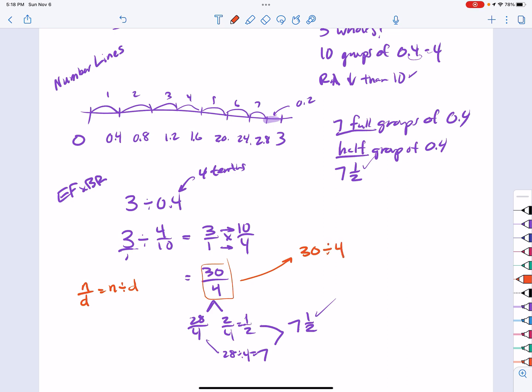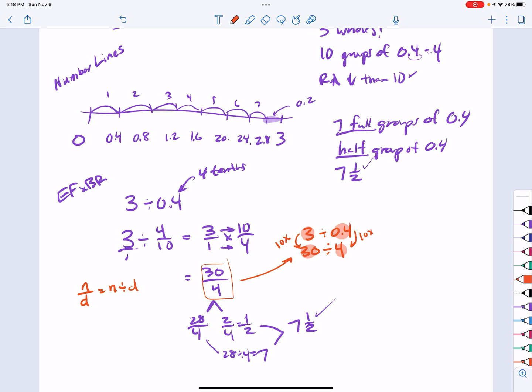Now, our original problem was 3 divided by 4/10. And so if I'm in a comparing mood, I notice that this 3 and that 30, it was multiplied by 10. And same thing with my 4/10 and my 4/1. Those are 10 times greater.